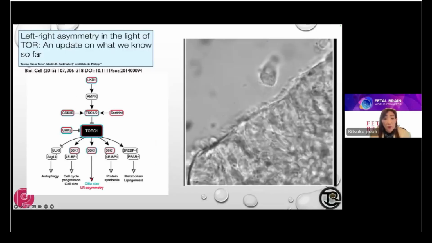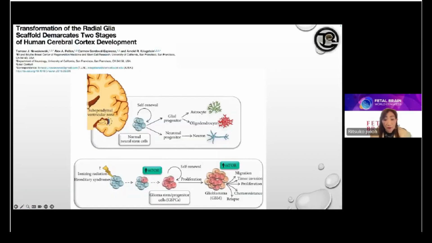A bunch of recent papers provided evidence that dysregulated mTOR resulted in alterations of the motile cilia and asymmetry defects. Normal brain development requires careful control of when brain cells divide and when they stop. So the protein mTOR acts as a growth control switch.